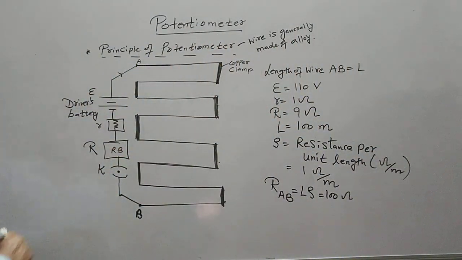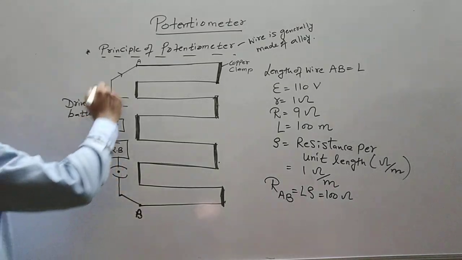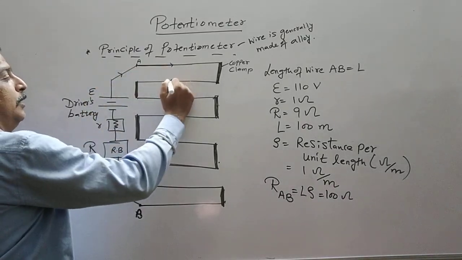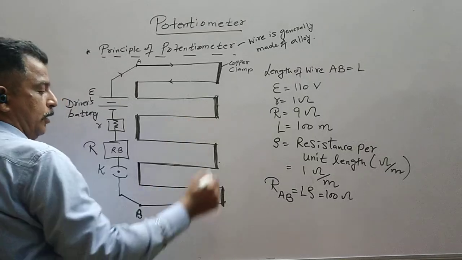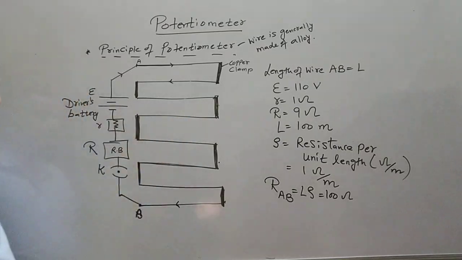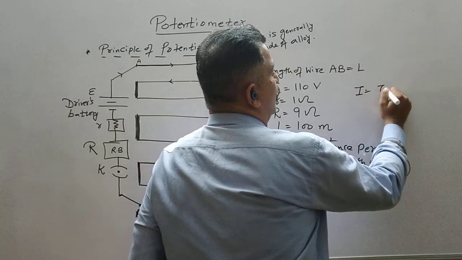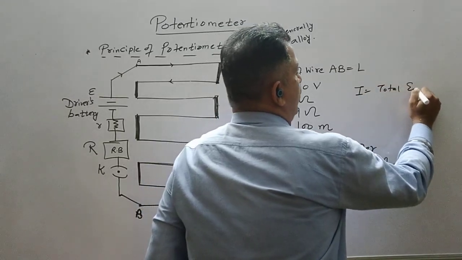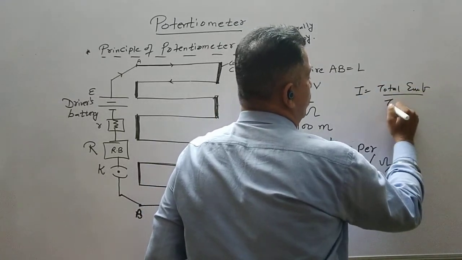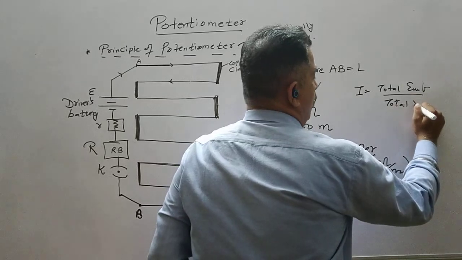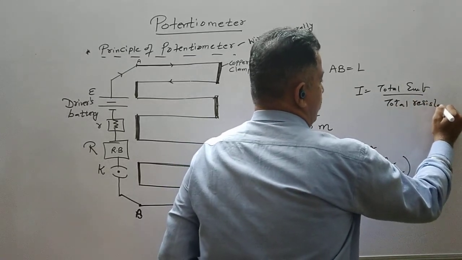Now, suppose the key is closed and the current starts flowing through this potentiometer wire. Now, suppose I want to find out the current in this potentiometer. We know that current I is equal to total EMF divided by total resistance.